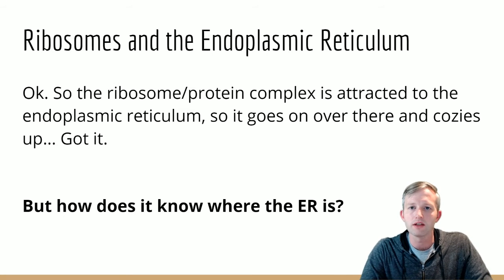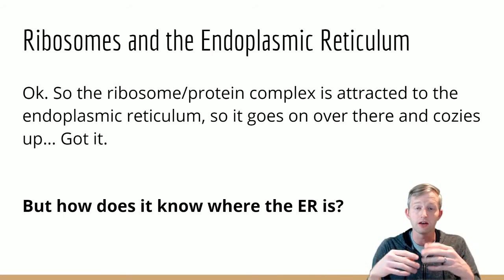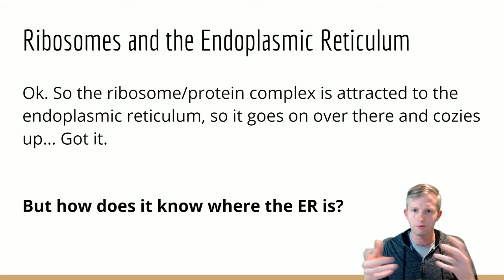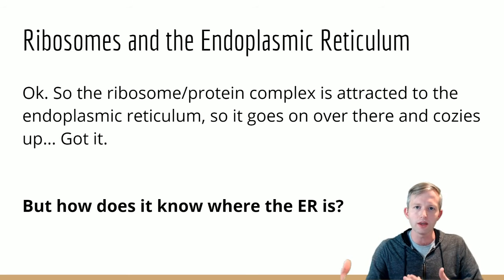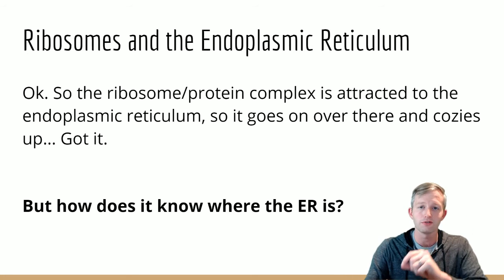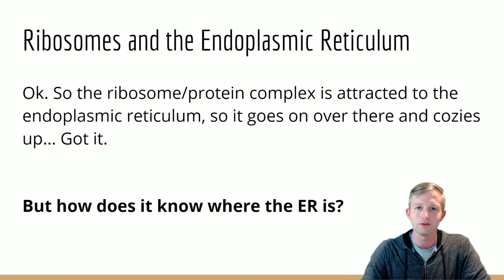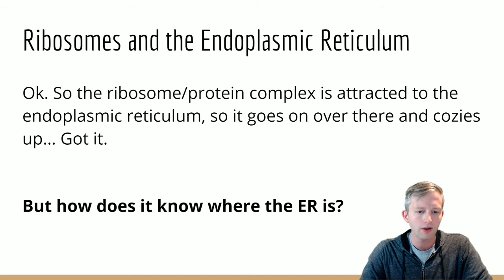That doesn't make sense, right? The cell is, on that scale, too big, and the chemical interactions we're talking about are like hydrogen bonding and things, the weakest of attraction. So it's not like the ribosome just goes flying off through the cell with some sort of homing beacon for the ER. So how does it know where the ER is?